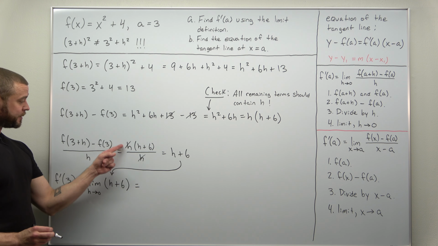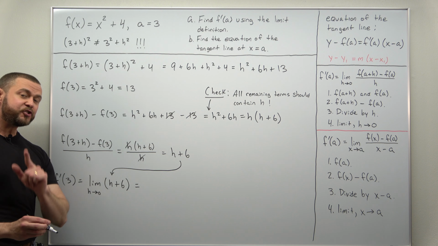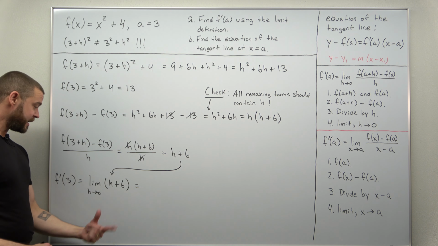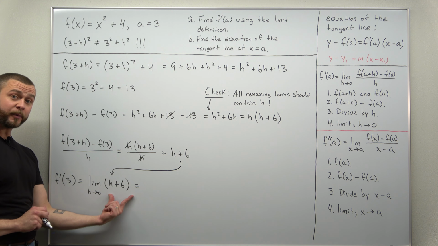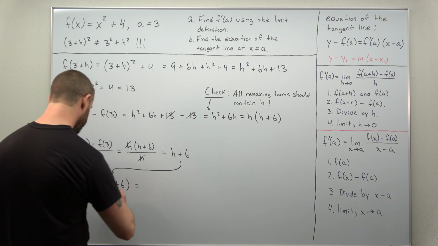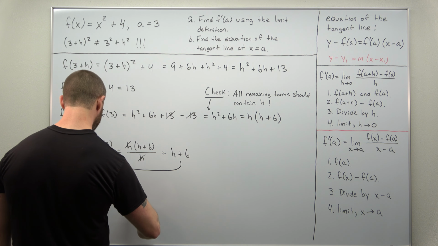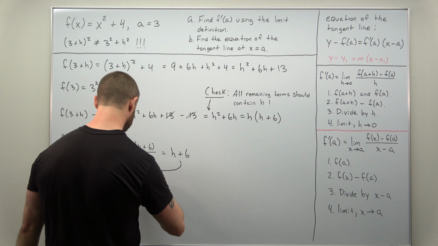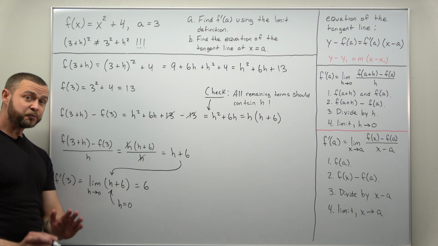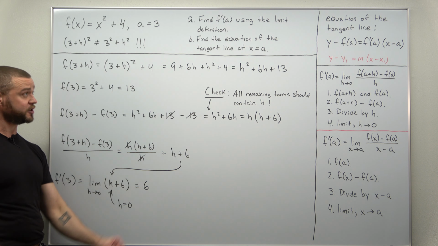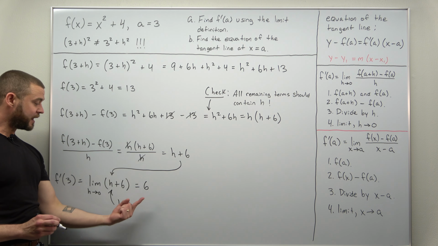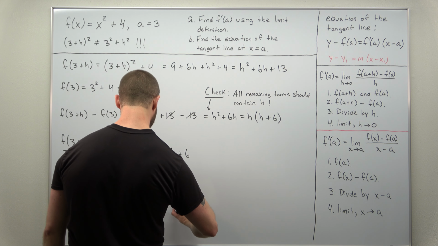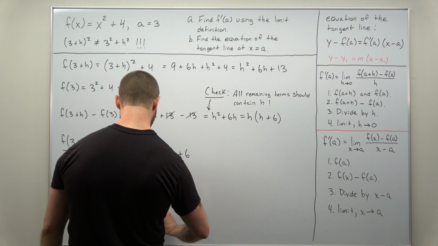And at this step, where the factors of h cancel, that's where the indeterminate form will cancel out. And we get here a limit with no indeterminate form, so you can just go ahead and plug in h equal to 0. And what you'll get when you do that is 6. And that is what we call the derivative of this function at 3, but this value 6, that represents the slope of the tangent line.